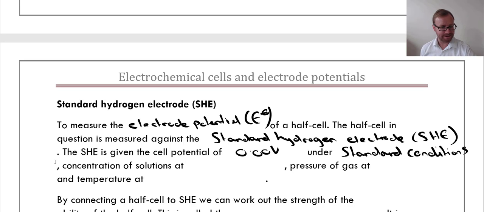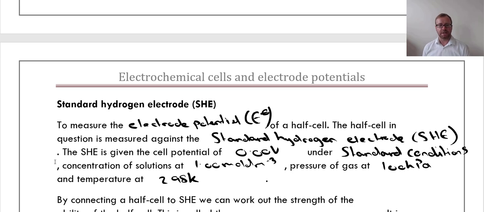We'll write them again. So concentrations of solutions at 1 mole dm-3, pressure of gas at 100 kilopascals, and temperature of 298 Kelvin. So we're measuring other half cells against our standard hydrogen electrode, and we give it an arbitrary value of 0.00 volts, and then we can measure all of our different half cells against this standard.